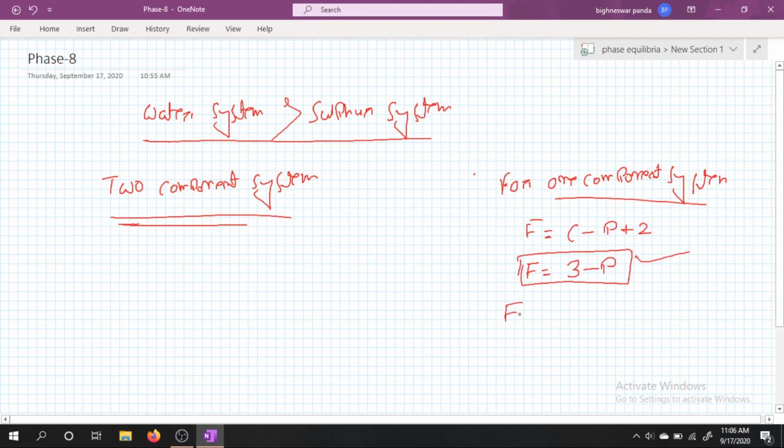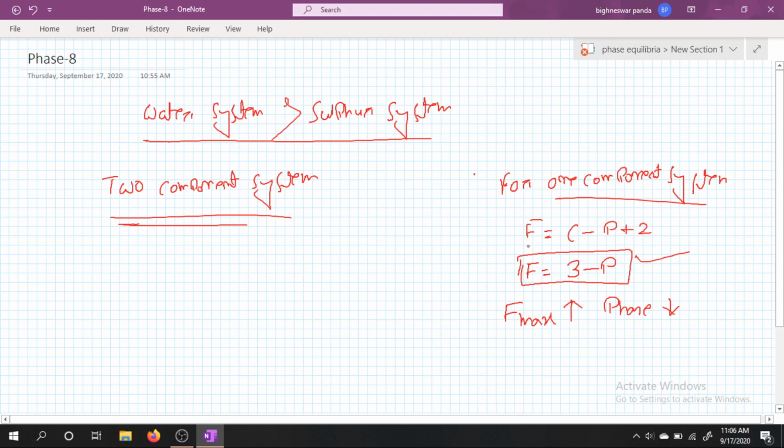When there is a maximum degree of freedom, then the phase should be minimum, and we have already studied this for the one phase, two phase and three phase systems.